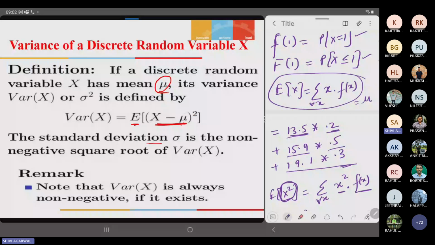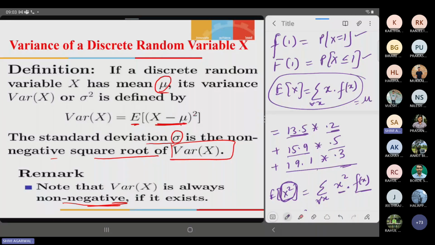And the standard deviation, denoted by sigma, is the non-negative square root of the variance of x. Firstly we calculate the variance of x, and then we take the square root of the variance, that is known as the standard deviation. That part we have already done. Now, the variance of any random variable, if it exists, is always a non-negative value. It is never a negative value.